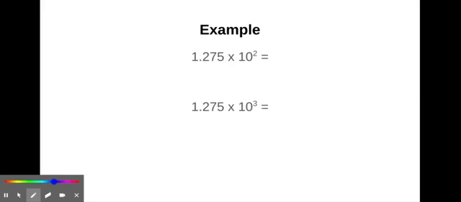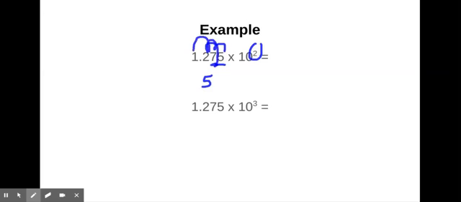Let's use a place value approach for this problem. I know that my exponent is a 2, so everything needs to move up 2 places on the place value chart. This 5 is in my thousandths place, so it needs to move to my tenths place. That's 2 places. That 7 is in my tenths place, so it needs to move 2 places into the ones.